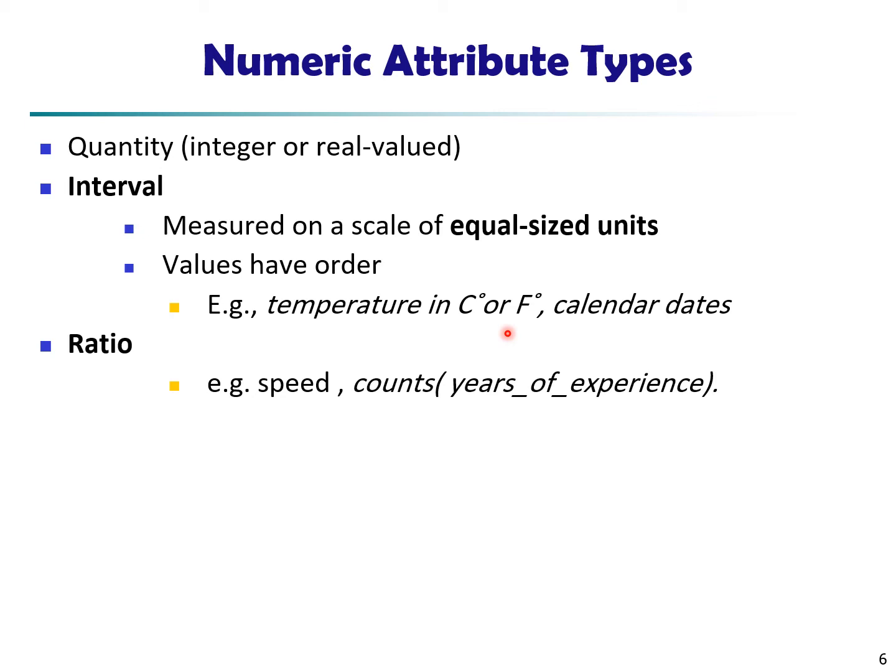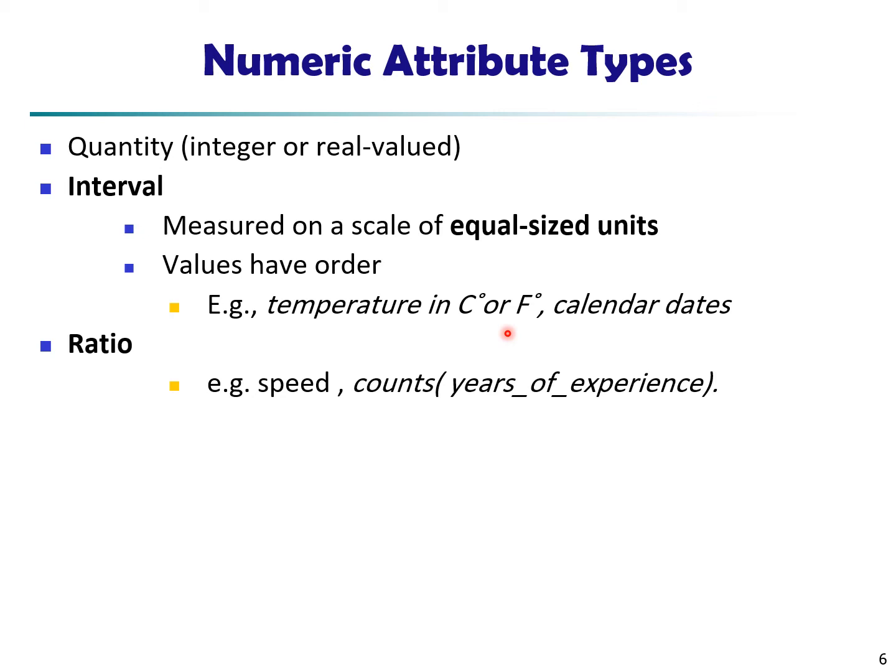Same goes for dates. We know that there are fixed intervals: a day is 24 hours, an hour is 60 minutes, etc. So these are fixed sized units. The ratio has the same thing regarding equal sized units, so the difference between them is clear.